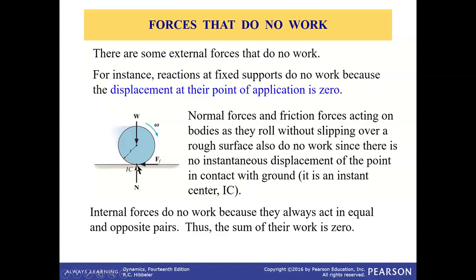So this point here, the instantaneous center of zero velocity at the given instant, that means if you take the snapshot, these forces do not result in any displacement of this point. Okay, so that's why there is no displacement, no work done, because work done is the product of force and displacement. So displacement is zero, then work done is zero.